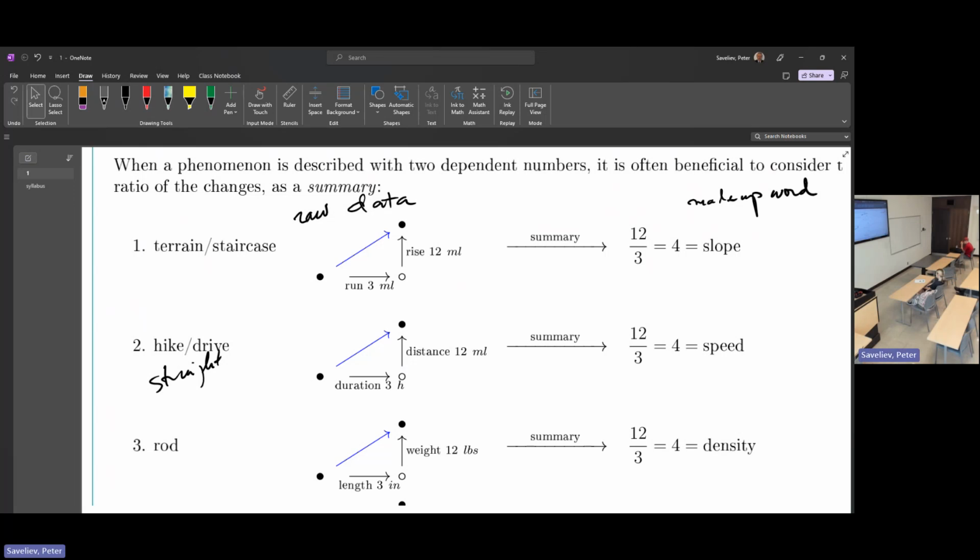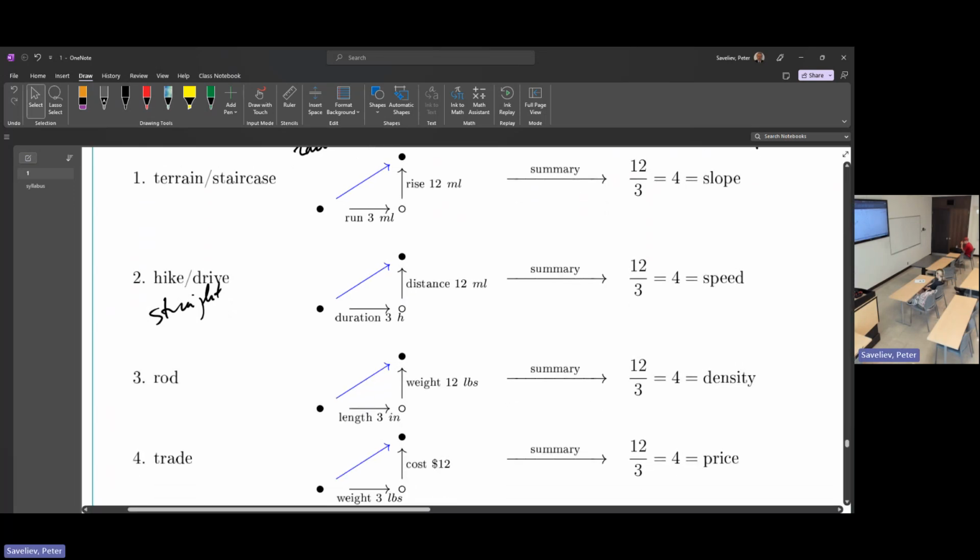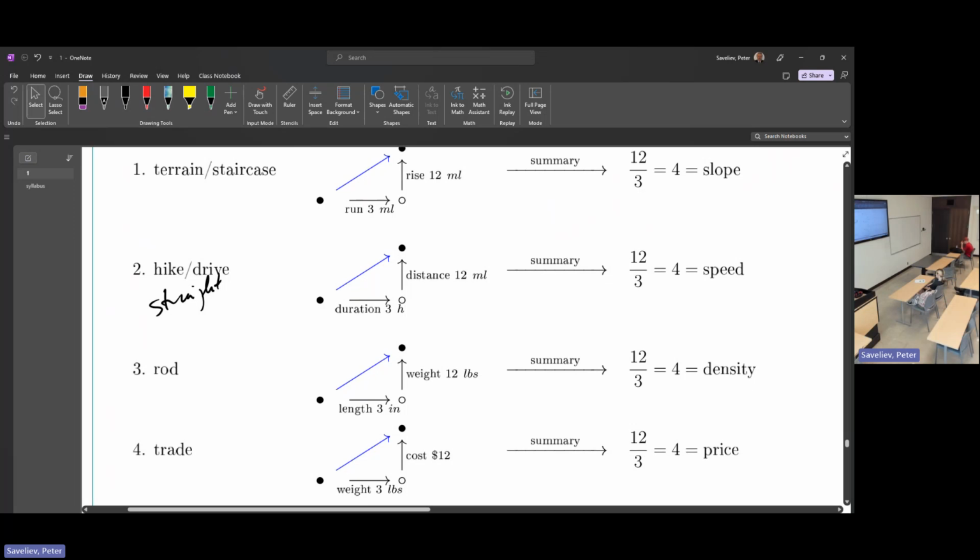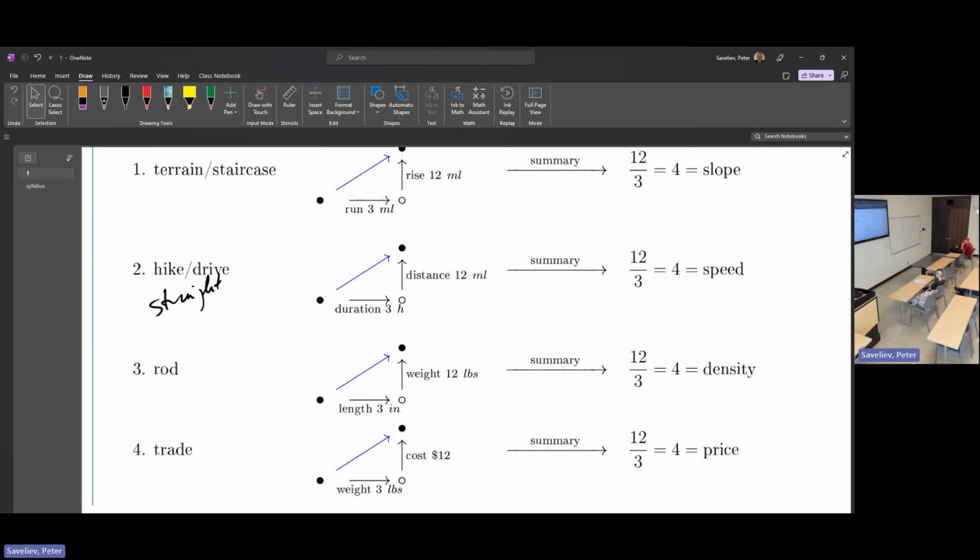Okay, more examples. Another example: trade. You bought 3 pounds of apples for $12. You divide 12 by 3, and that's the price per pound. So another one. Every time you see division, there might be, once again, a slope there.